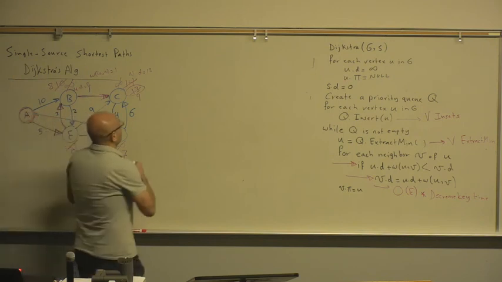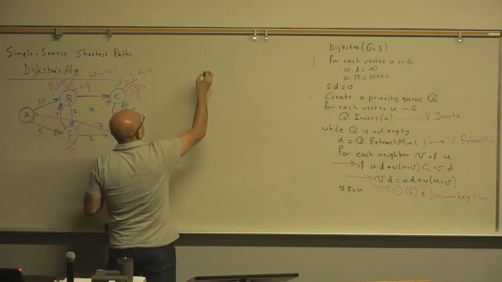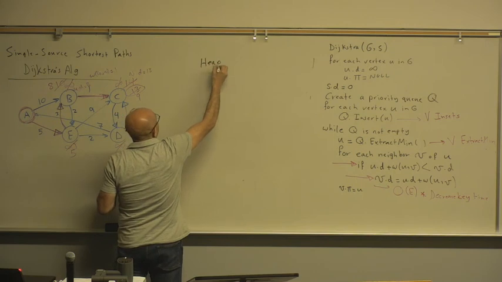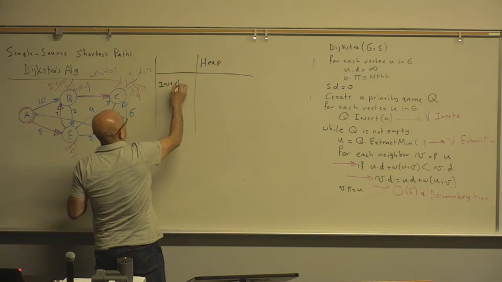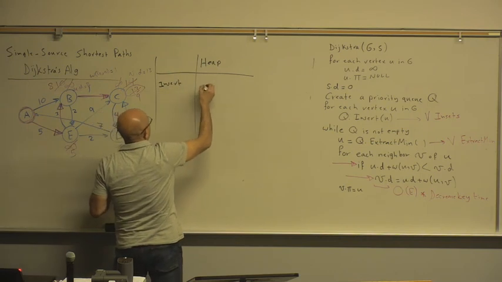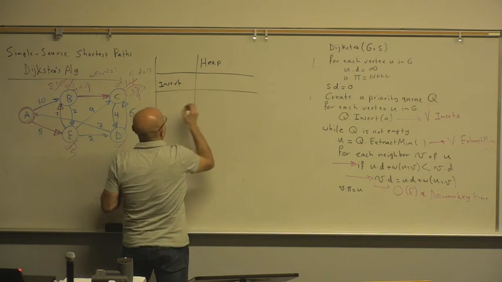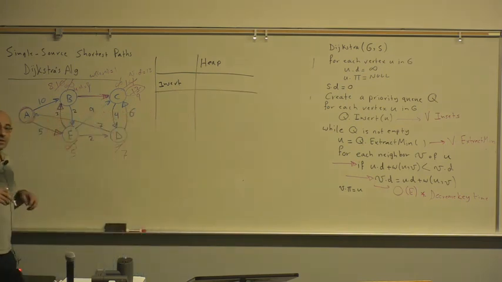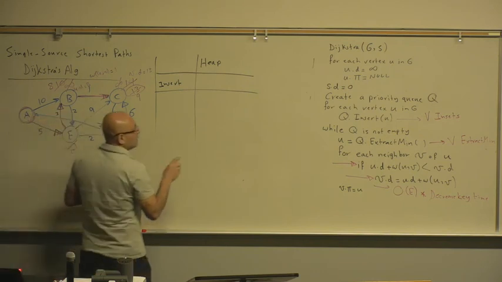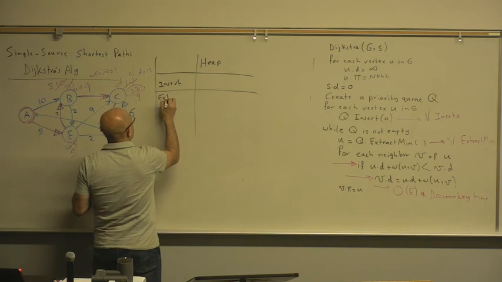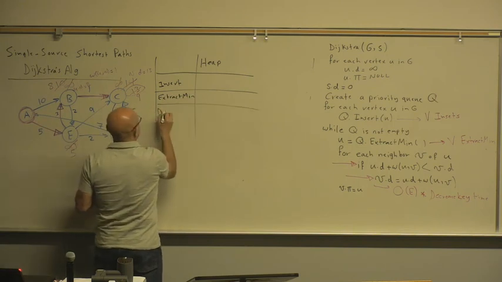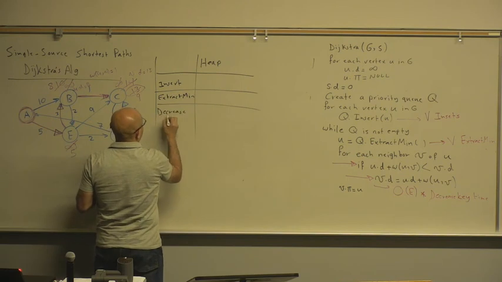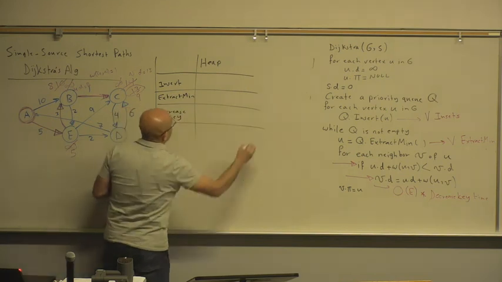So if you have a heap priority queue, then what will be the time for the insertion for the heap? In fact, the heap will do all the main operations, the insert, the extract minimum, and the decrease key, in what time?